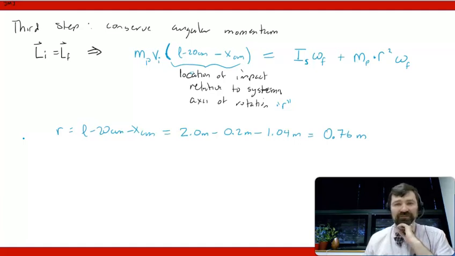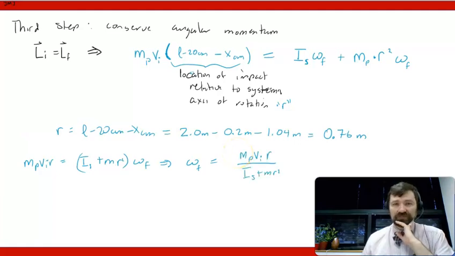And so what we have here is that M times VI times R is equal to I stick plus MP R squared times omega final. And therefore omega final must be this ratio, essentially of MVR over I stick plus MP R squared. Okay, so that gets me my omega final.